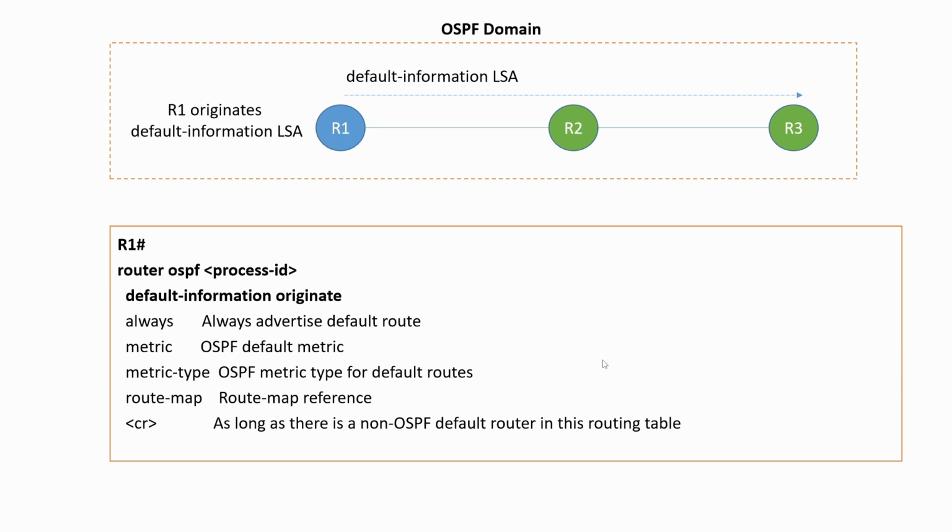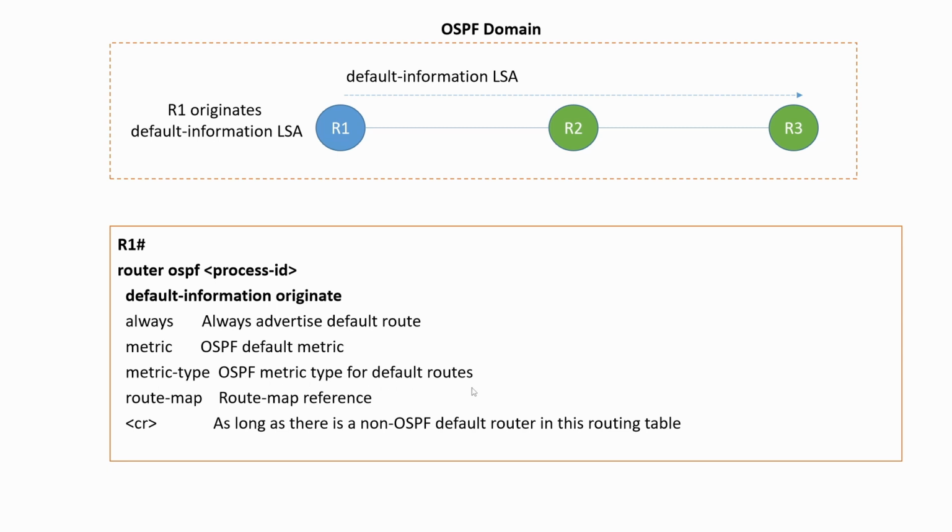This command also has a couple of options you can choose. The first option is always. Always means generate the default information unconditionally. Next is metric. With the metric option, you can change the default information metric value. The third one is metric type.